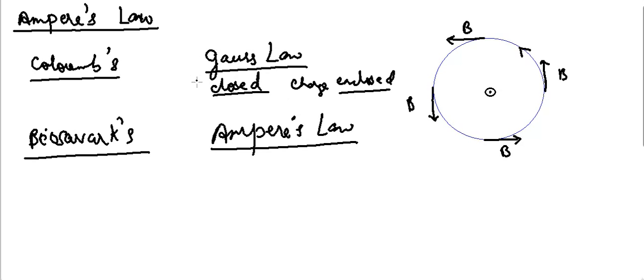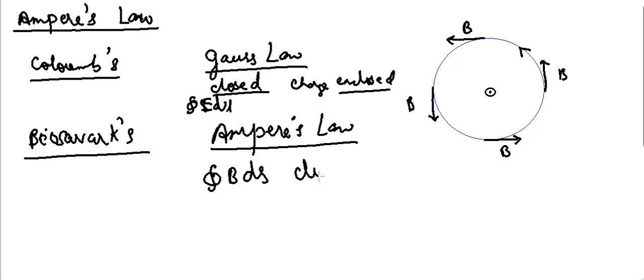The corresponding statement for magnetism in Ampere's law is the circulation. Here the flux was the surface integral of E ds, while the circulation is defined by the integral of B dl of the resultant magnetic field along a closed plane curve.